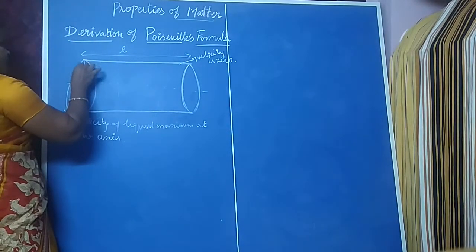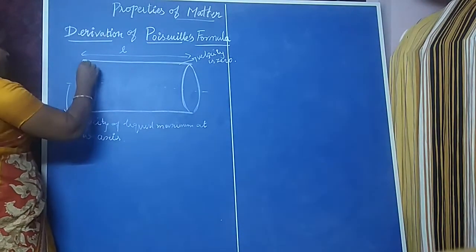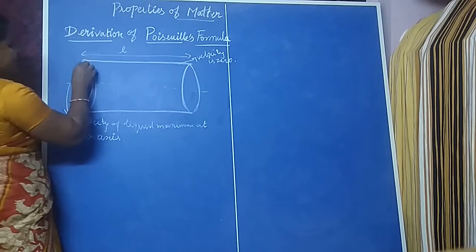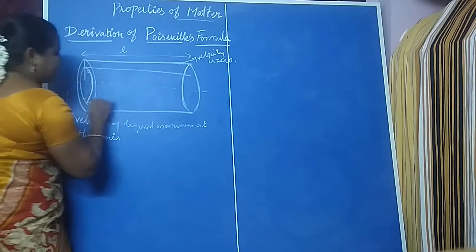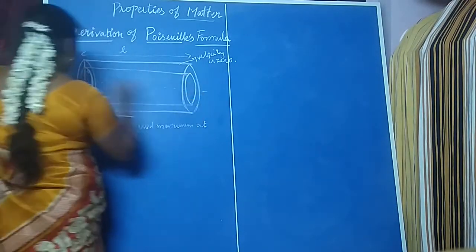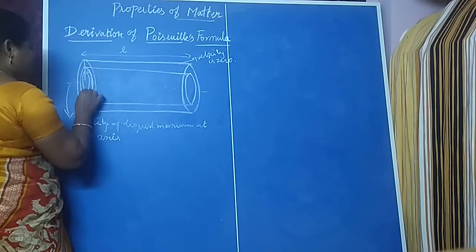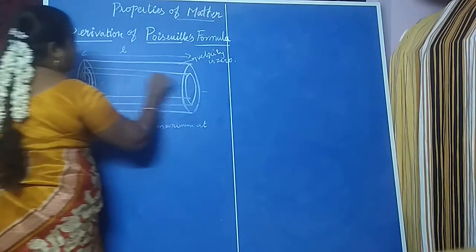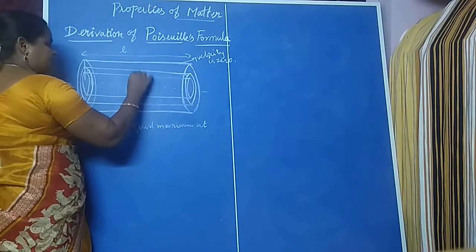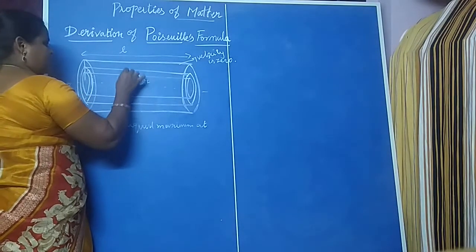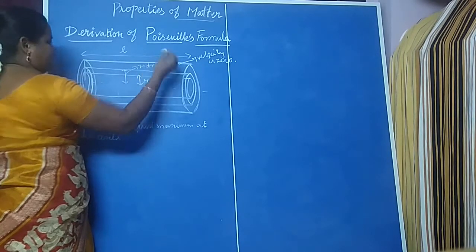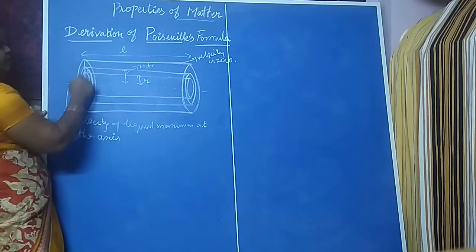Let us consider a cylindrical shell inside the capillary tube, having an inner radius r and outer radius r plus dr. So we are considering the cylindrical shell.